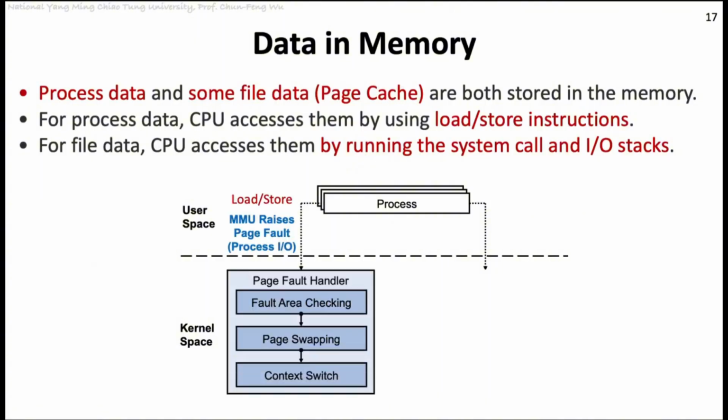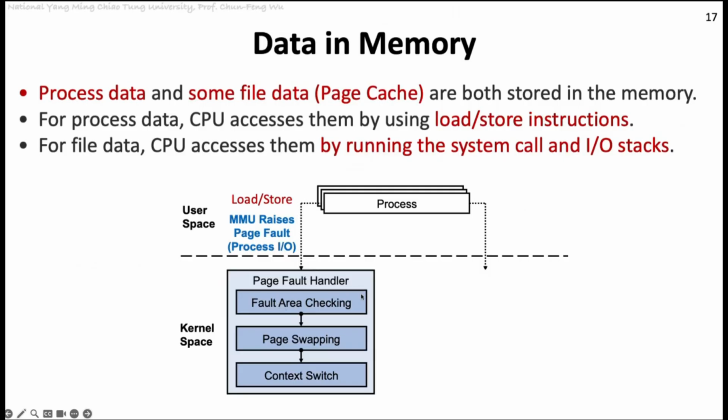Okay, so when the CPU is going to load store data in the memory, if the data is not in the memory, then the memory will raise a page fault, and usually it's a major page fault. Then there are several things that the CPU needs to do. The CPU needs to run a page fault handler to do the fault area check to know why there is a page fault.